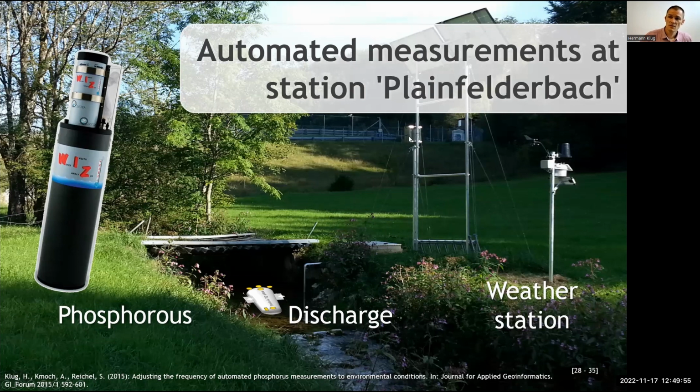This computer received signals from SIM cards, from the wireless internet, and took samples from here. At the same time, we had discharge measurements, so flow speed, water level, and with it, the discharge of this river. And at that particular area we also know the rainfall, the wind speed, and everything in here, and also the groundwater levels.